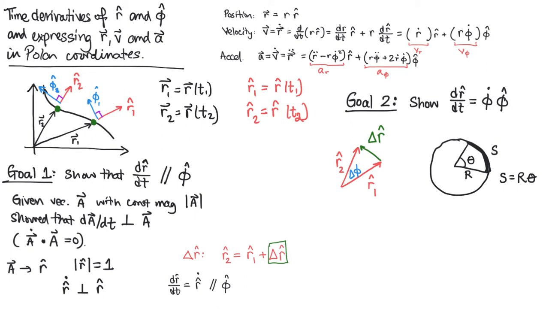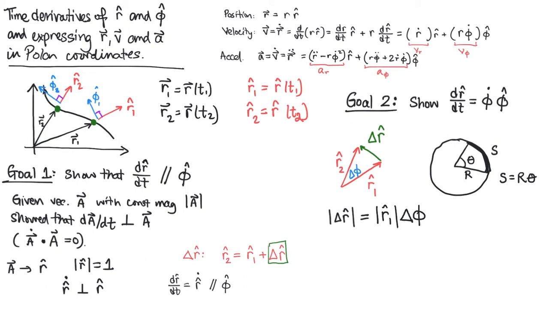And that would be that the length of the green vector, delta r hat, is equal to the radius of the circle. If we imagine this to be a circle with these radii, which are unit length because they're unit vectors, and you can pick either one, times the angle subtended, which is the delta phi.